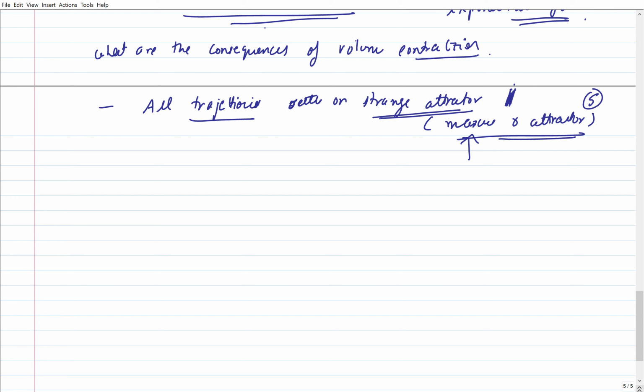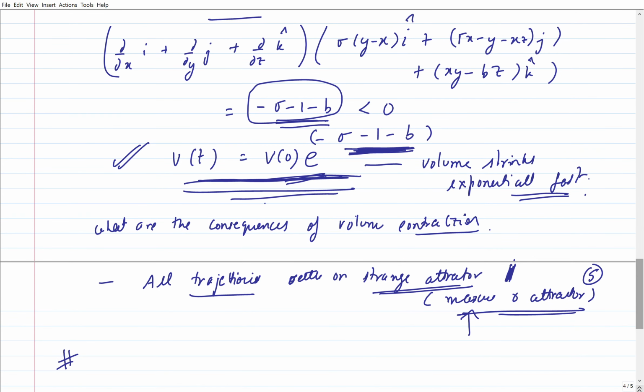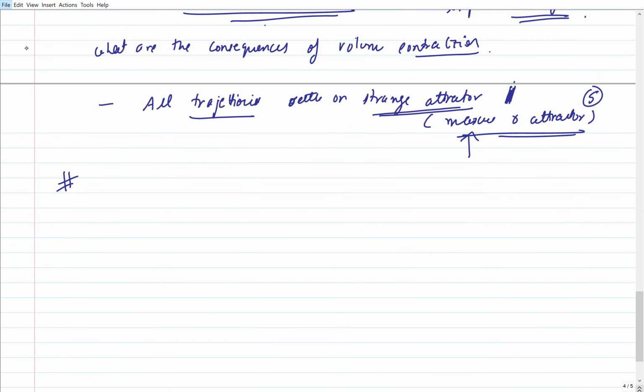And one of the consequences of this volume contraction is that the volume is exponentially contracting, and as t goes to infinity, the volume goes to zero. There are no quasi-periodic solutions.